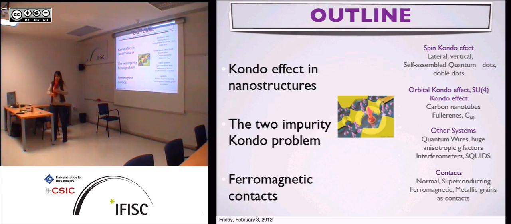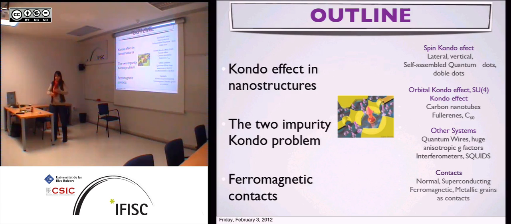So you have two Kondo clouds, and if the barrier in the middle is sufficiently transparent, then the two Kondo clouds can talk to each other, and you can hybridize both. So you can have a coherent channel between left and right through the hybridization of the two Kondo clouds.